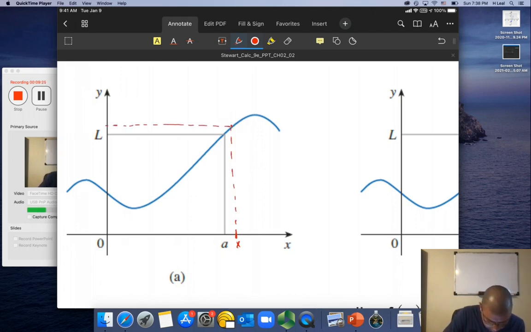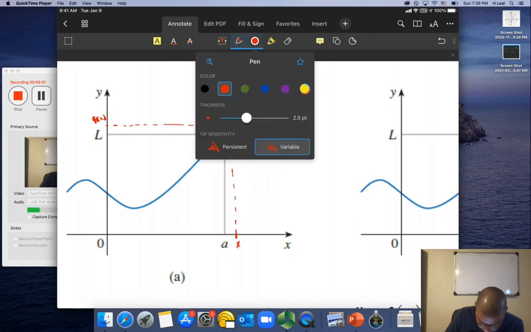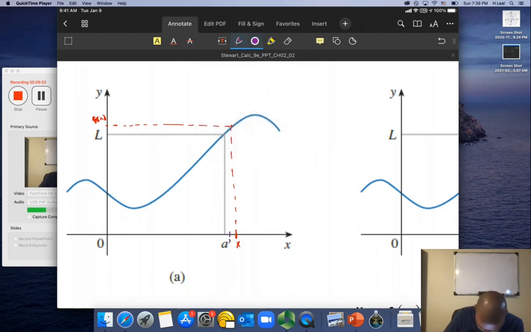And you can tell it's very close to L, right? If I chose a different x that's closer to a, even closer, then you could tell that f of that second x is even closer to L. And that's the idea, right? The limit is just f of a in this case.